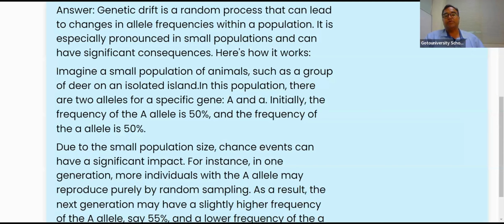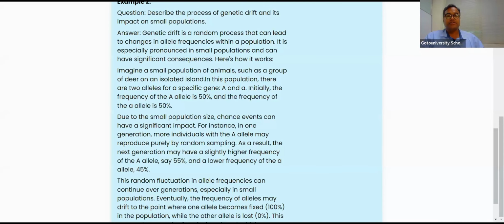It is especially pronounced in small populations and has significant consequences, right? Here, genetic drift and gene flow, you know very well. For example, I'll give an example for gene flow. A migrated species in a new geographical area mates with the native species every time because of the normal seasonal change. When the same process happens accidentally, then we call it genetic drift.